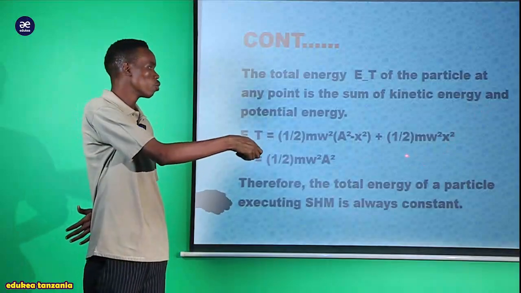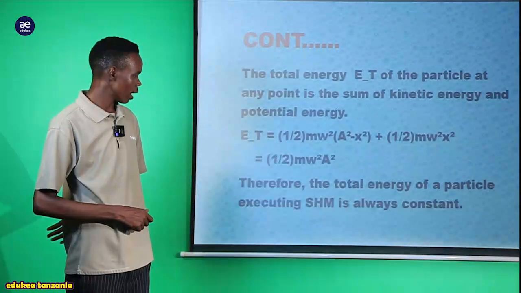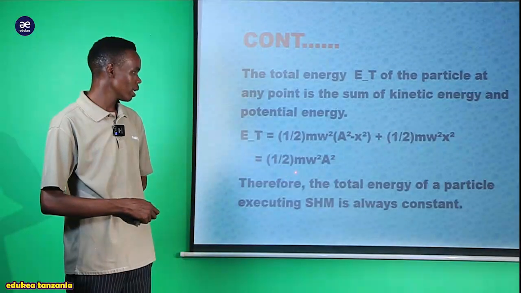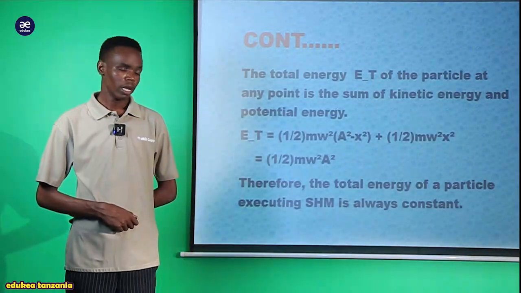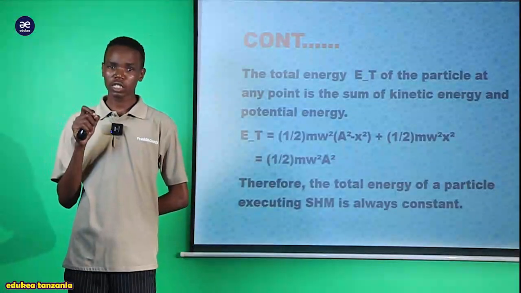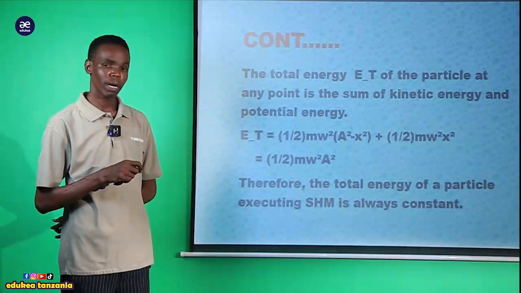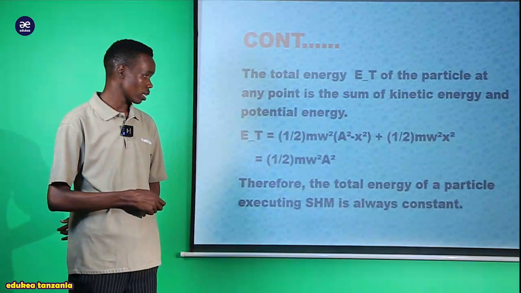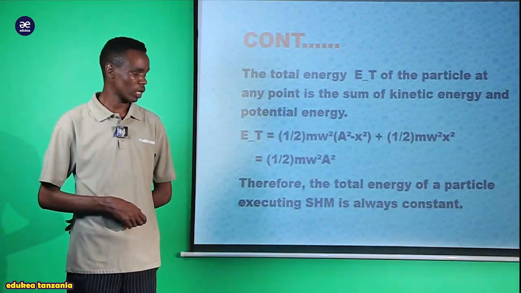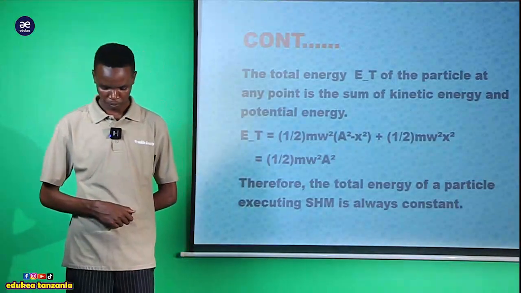So finally the remaining one will be equal to half m w square amplitude square. Now we obtain that the total energy must be equal to half times the mass times the angular velocity square times the amplitude square. This A means the amplitude, my dear students.